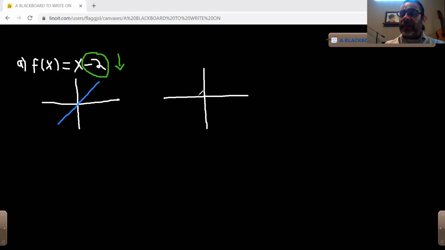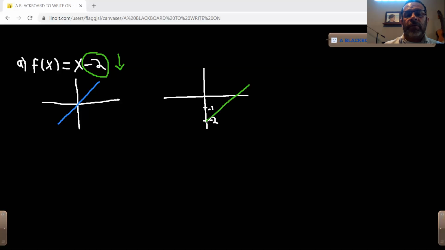And so how many units? 2 units, the amount of units that are seen there. And so the new function is actually going to be, if we consider this is -1, this is -2, then the new function is going to go something like this.